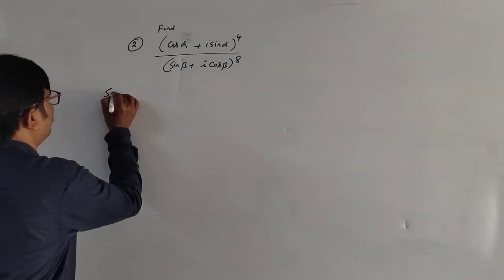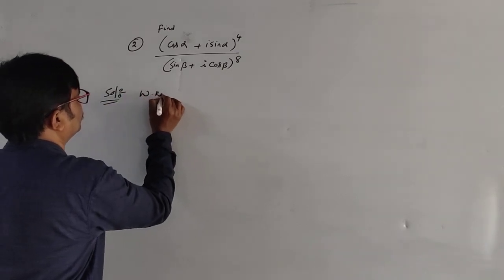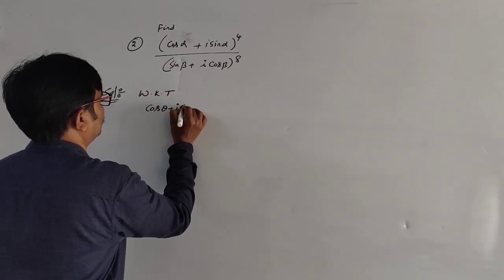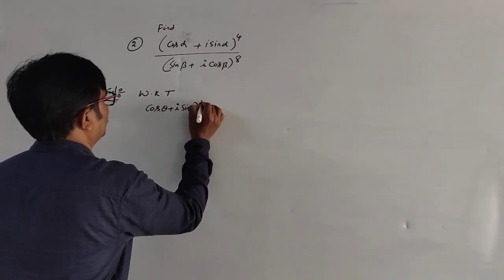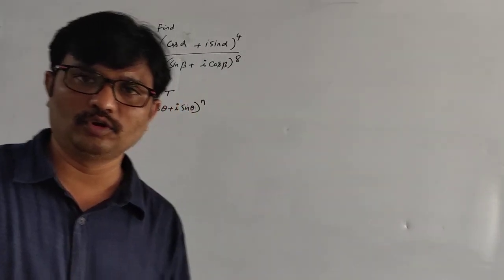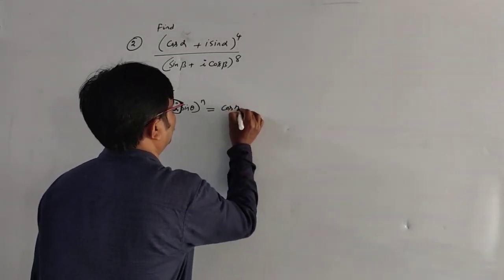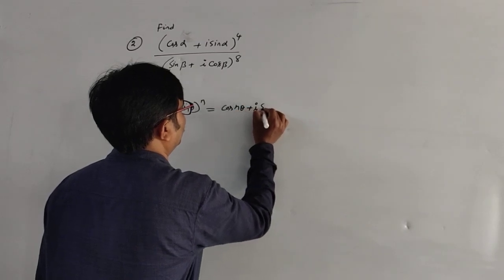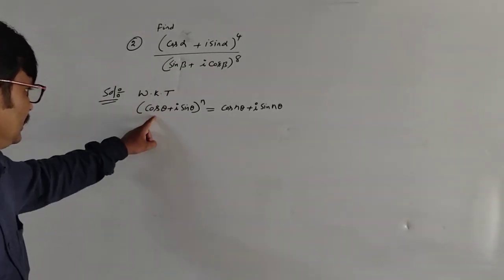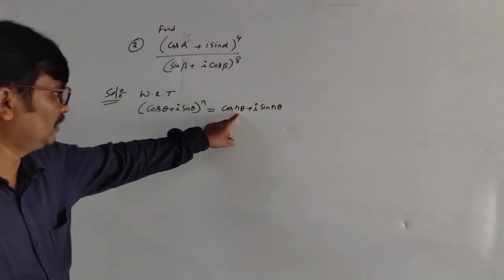So students, we have to know that cos theta plus I sin theta whole power n is cos n theta plus I sin n theta.